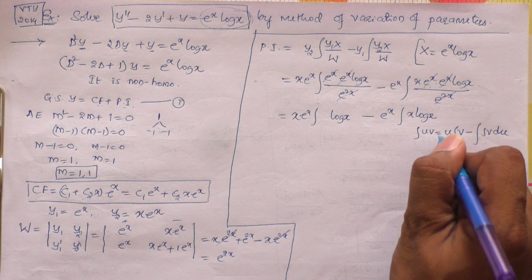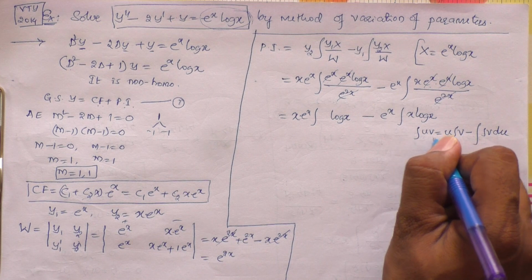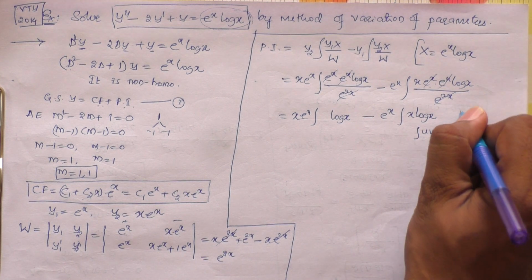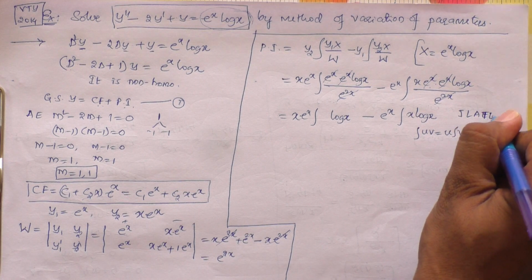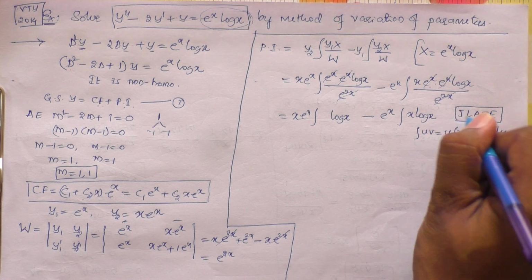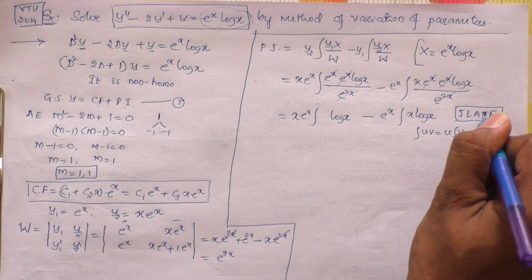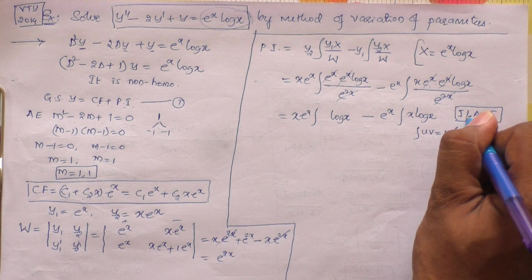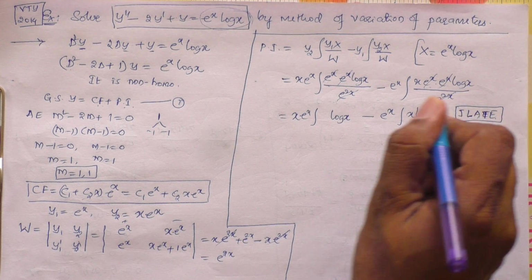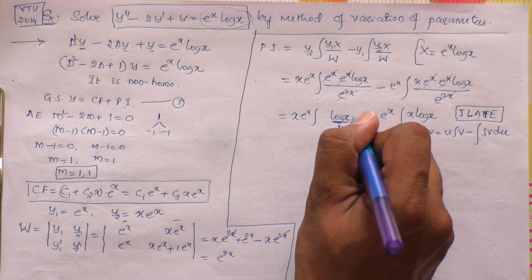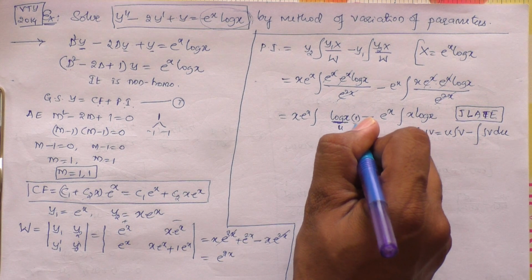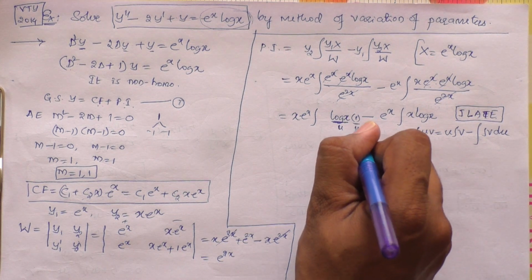To apply this, you need to choose one term as u, another term as v, based on the ILATE principle. Means first inverse, then log, then algebra, trigonometry, exponential. Logarithmic term first, then algebra. So log x, take it as the first function, and the 1, take this as the second function, u into v.